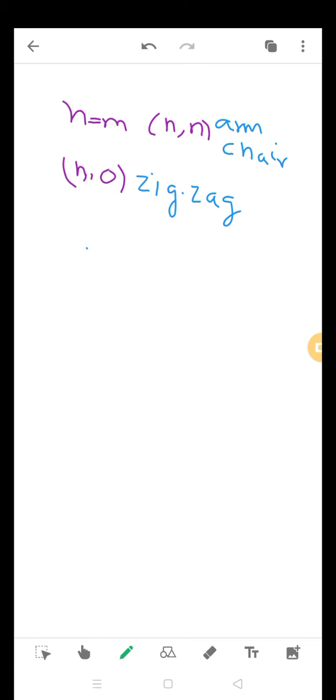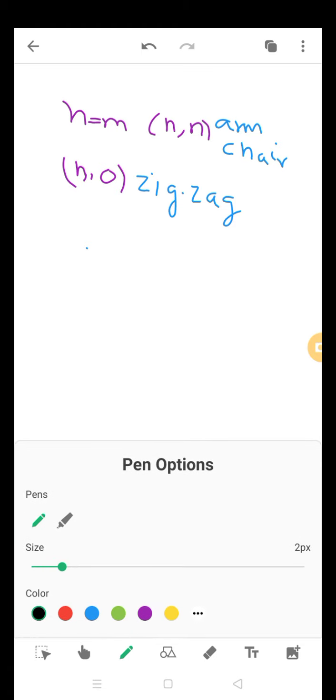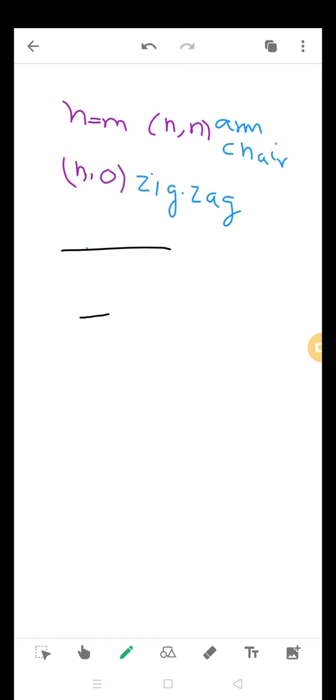So you have rolled it and you have got a nanotube here. The shape will look something like this. It forms the shape of an armchair. So this is NN. Whereas the other one actually looks something like this. So this becomes N0 or zigzag.